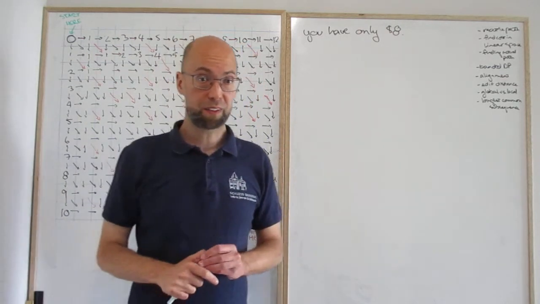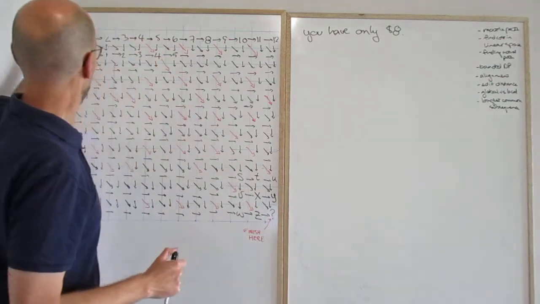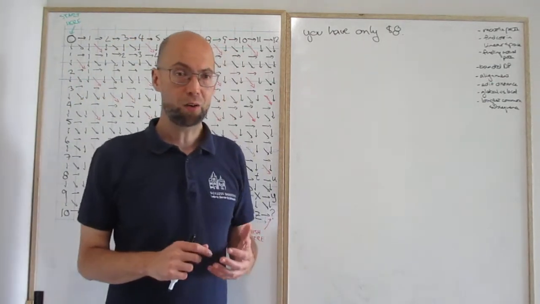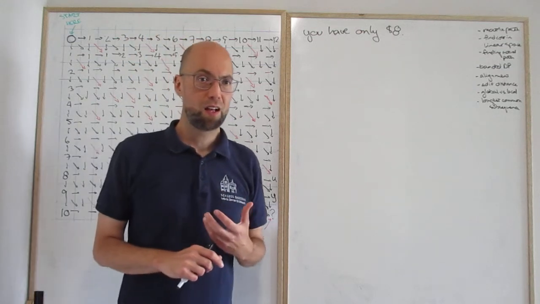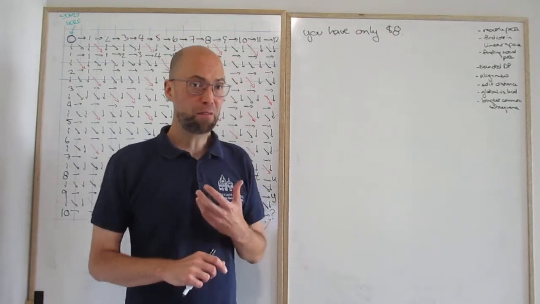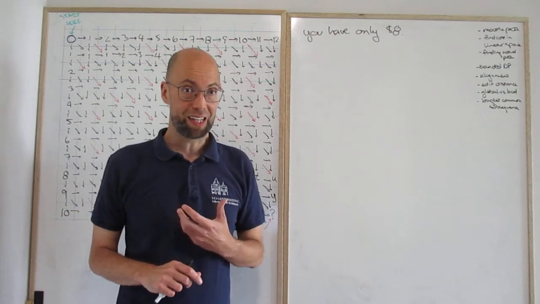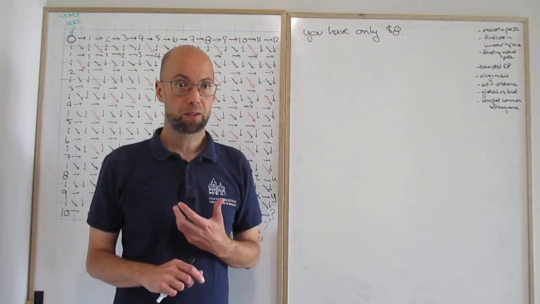So you just want to figure out if you can get from this corner to this corner on your budget of $8. Now, the observation is you can't get very far off the diagonal with only $8.